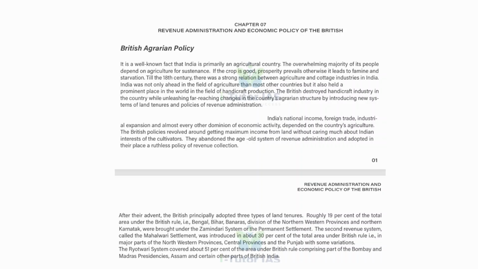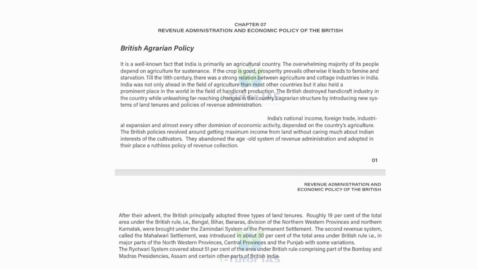On the impact on agrarian structure: high taxation, rigid collection, and the rise of moneylenders due to the requirement to pay tax in cash led to widespread poverty, land alienation, and severe and frequent famines. So this is the impact on the agrarian structure in India.